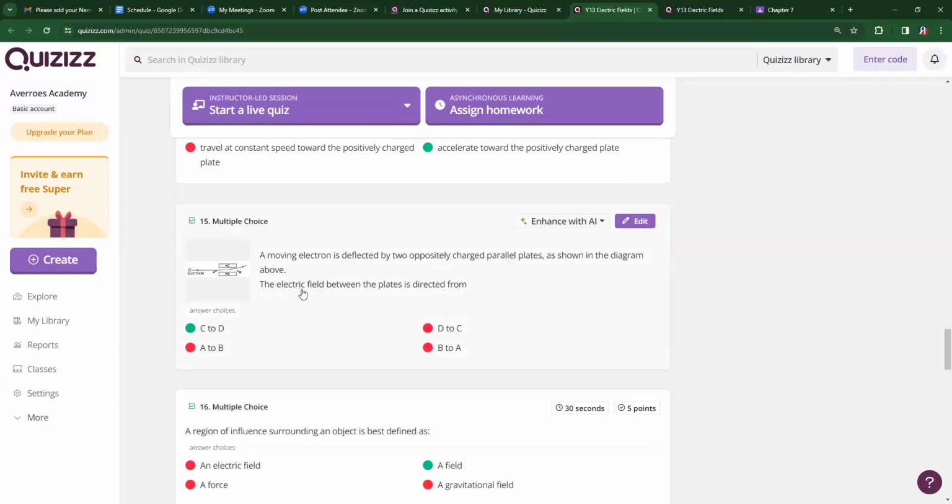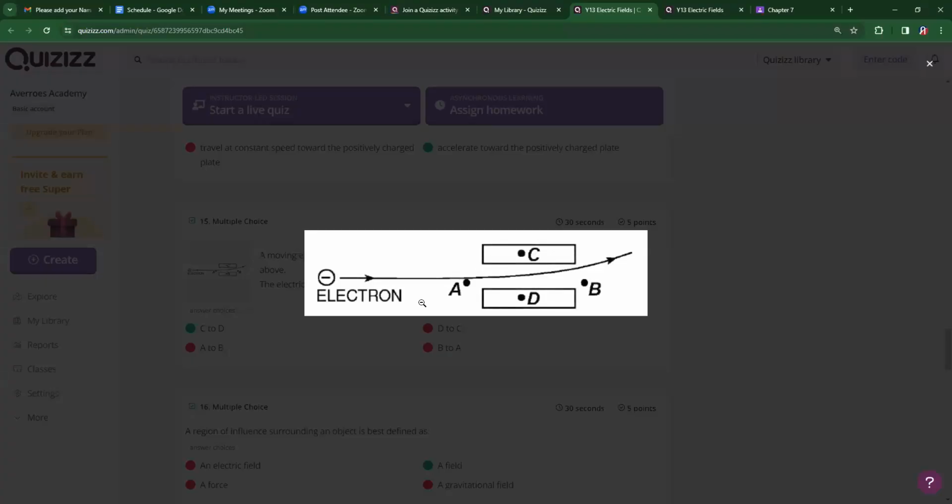Okay, a moving electron is deflected by two oppositely charged parallel plates. What is the direction of the electric field between them? Okay, because it's an electron. So electron is moving between two plates. If you remember from grade 11, we can use the third right-hand rule for conventional current. But if it's an electron, we are using a left-hand rule.